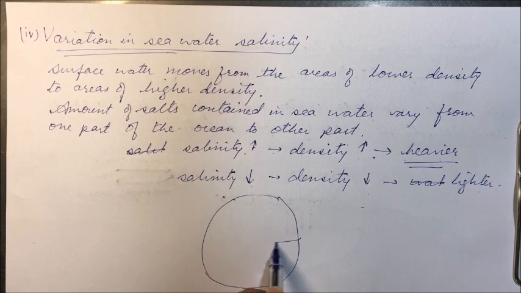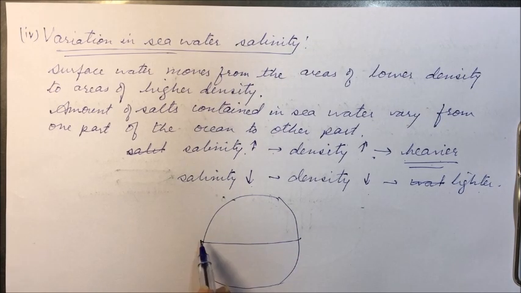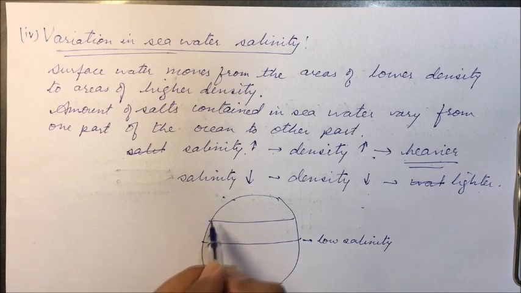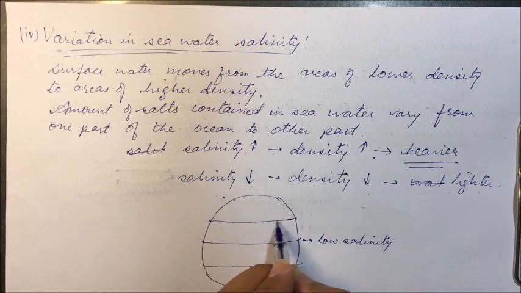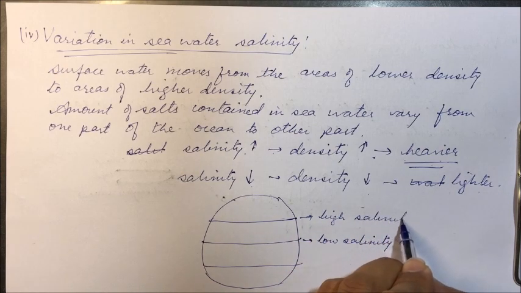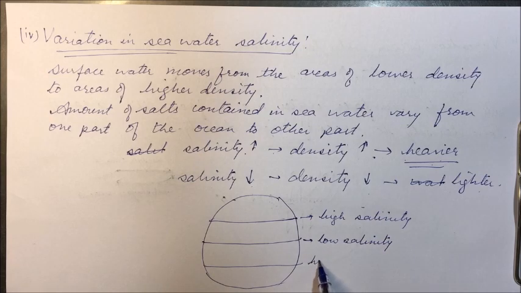If this is the Earth equator, in the equatorial region there is low salinity as compared to the tropical belts. At tropical belts, high salinity is there. Reason for such we will be discussing soon.